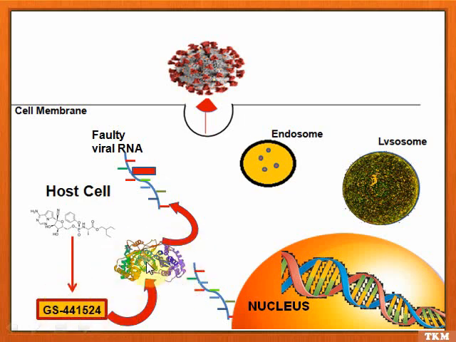This is the reason RDRP uses this instead of that nucleotide, and it incorporates that faulty nucleoside, GS441524, in the viral RNA. During replication, it results in formation of faulty viral RNA, and that stops the replication of viral RNA any further.